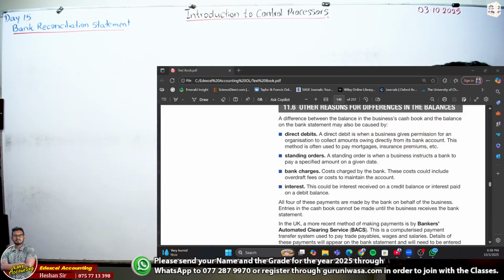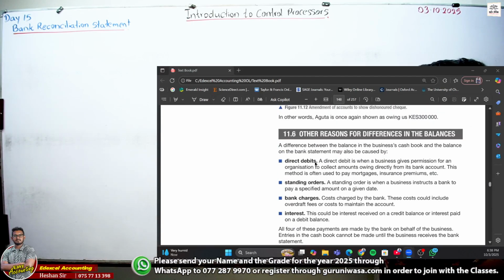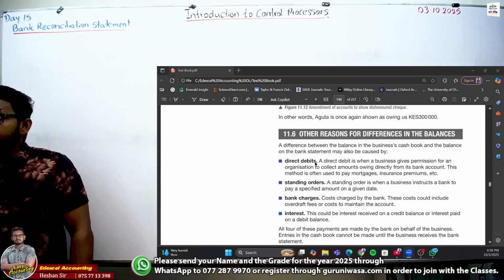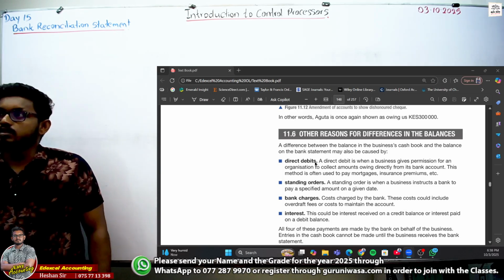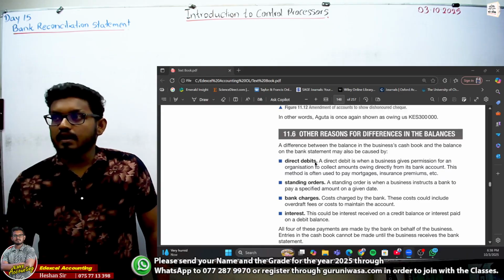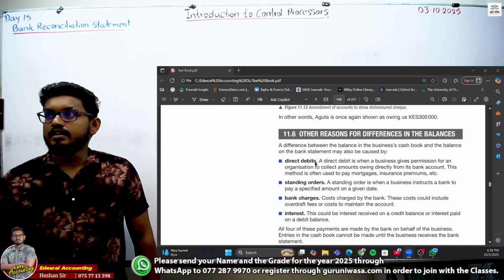What are the other reasons for the differences, right? The difference between the balance in the business cash book and the balance on the bank statement may also be caused by these reasons.